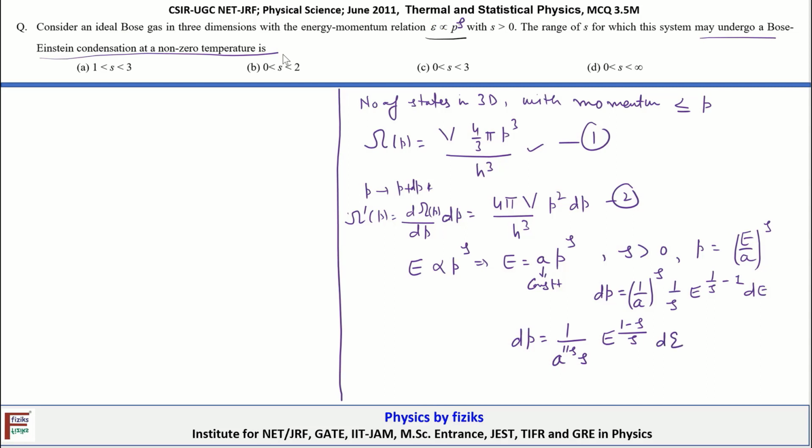Therefore the density of states in the energy range E to E plus dE is equal to 4 pi V upon h cube, (E by a) power 2 by s, a power 1 by s, and then E power (1 minus s) upon s into dE.